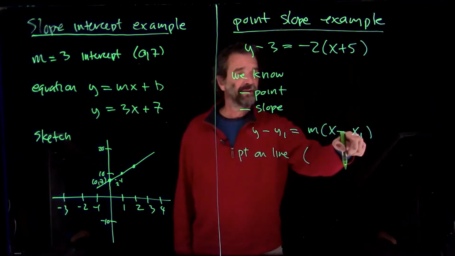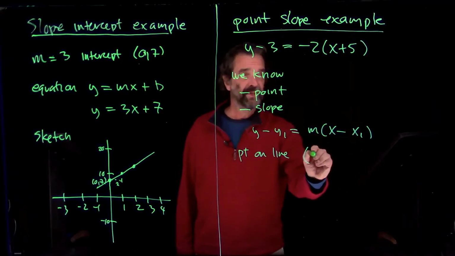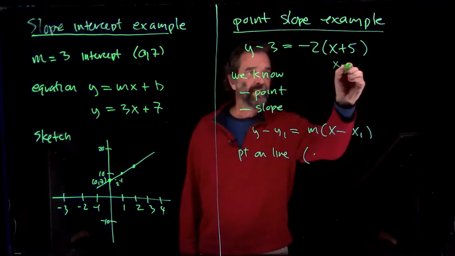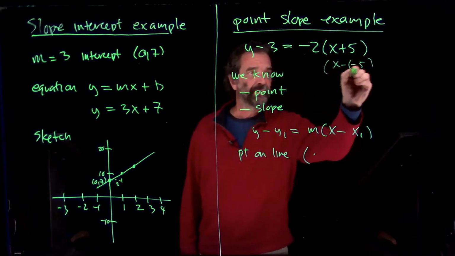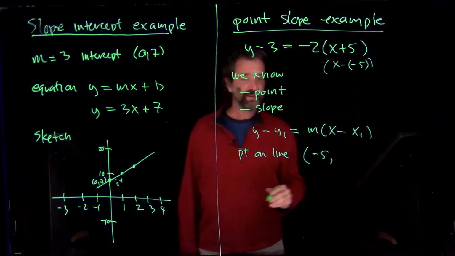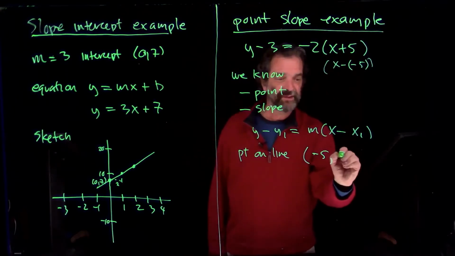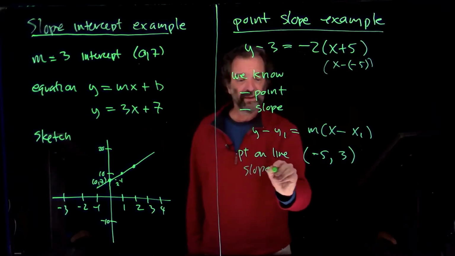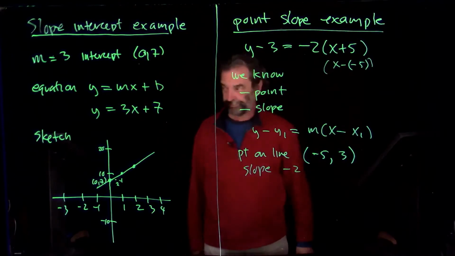The x is 5. Is 5 minus x1? I've got to write that x minus 5 to make it work. So the x is minus 5. And the y is 3. You don't have to do any fancy stuff for that. And we can read the slope as minus 2.